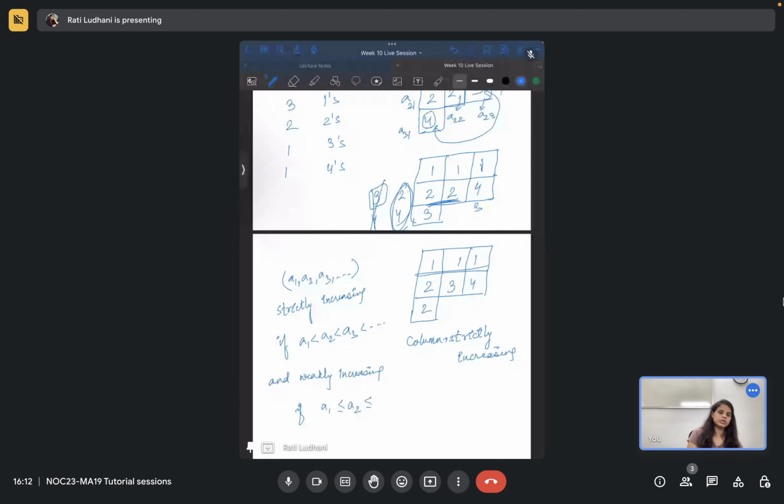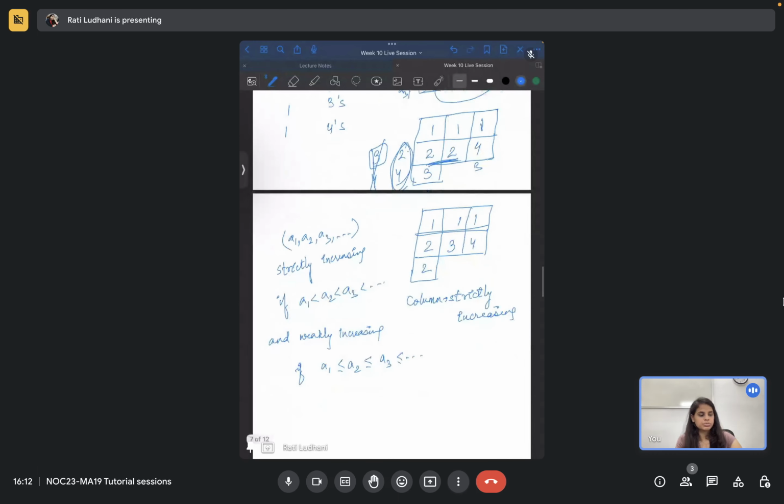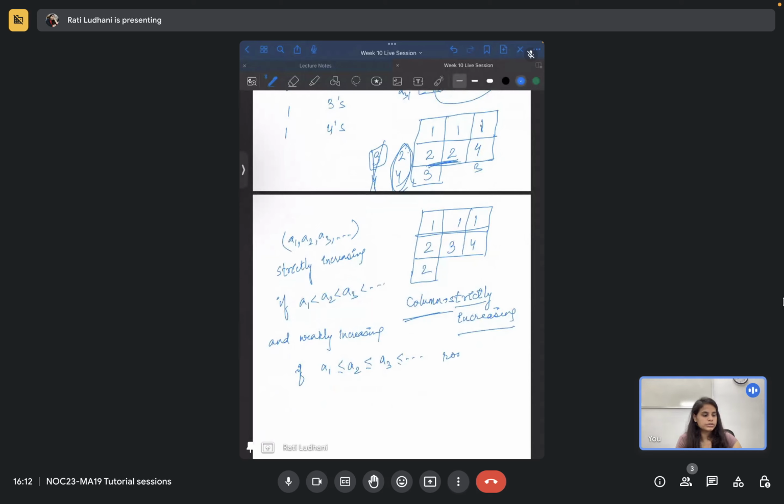So it could be equal, but for strictly increasing equality cannot be possible. That is the difference. Over the columns we are imposing the strictly increasing condition, and over rows we are considering the weakly increasing condition. Okay, is that okay?